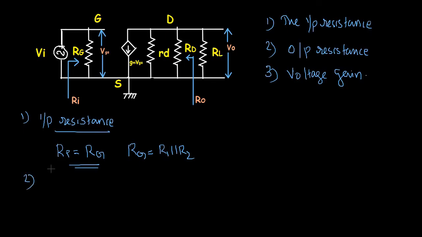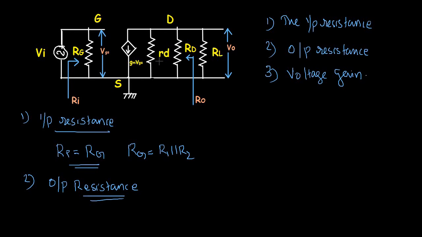Second, we have to find the output resistance. Output resistance is the resistance that appears at the output side of the transistor. We are not considering the load resistor. So in this circuit, what are the resistances appearing in the output side?